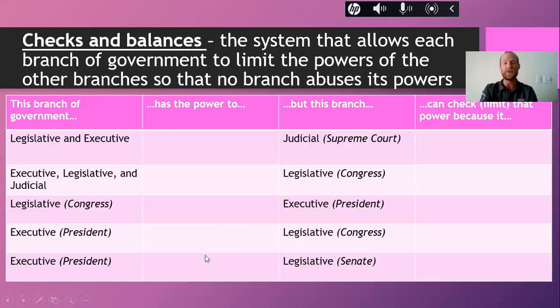The president's treaties and appointments and nominations need to be approved by the Senate. So the Senate can not confirm those appointments and can also reject those treaties.